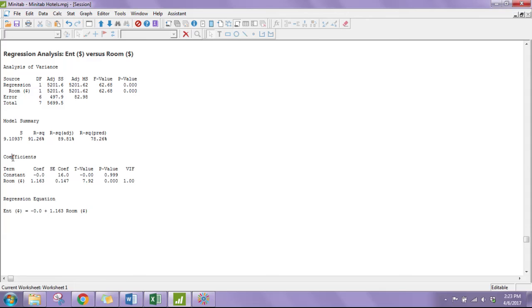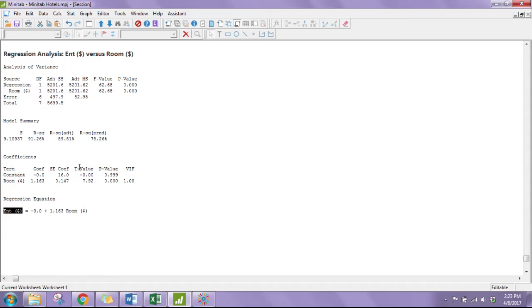Okay. So down here, we have our best fit linear regression equation. So this is our Y variable. So this would be Y hat, the Y value we are predicting, equals our intercept, which is 0, plus 1.163 times X, which is the cost of the room.